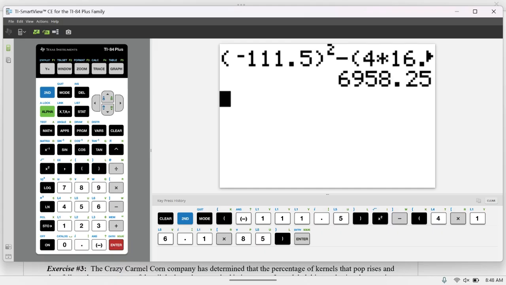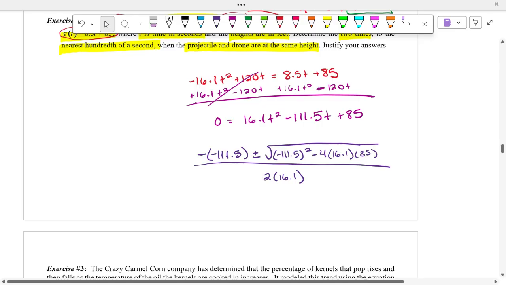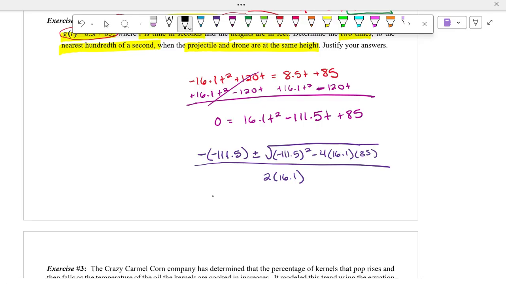I'm going to put exactly what that number is because it does cut off. 6958.25. So this would be positive 111.5 plus or minus the square root of 6958.25, all over 32.2.